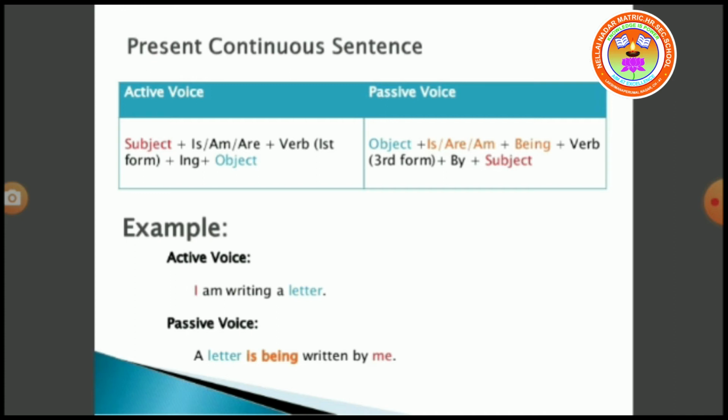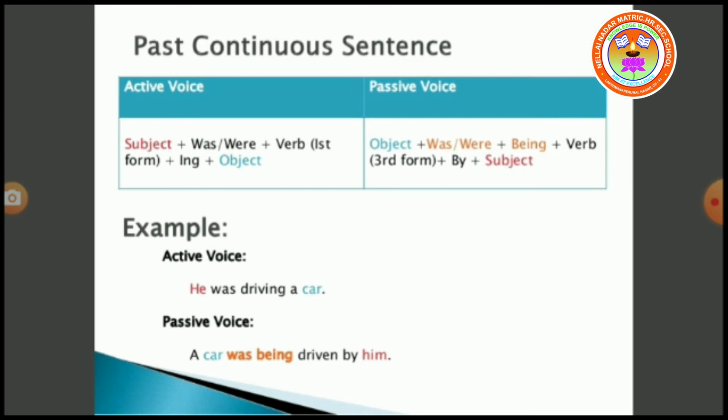Example, a letter is being written by me. Here in active voice the verb am writing becomes is being written, because in active voice the subject is I, but in passive voice the object is a letter, a singular subject, so we use a singular verb.